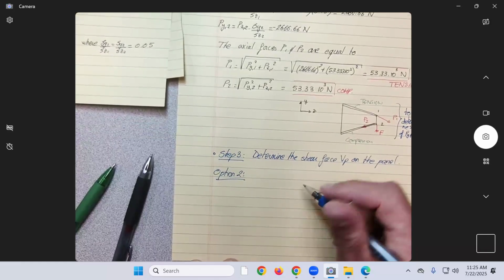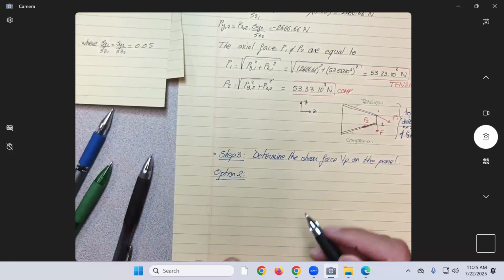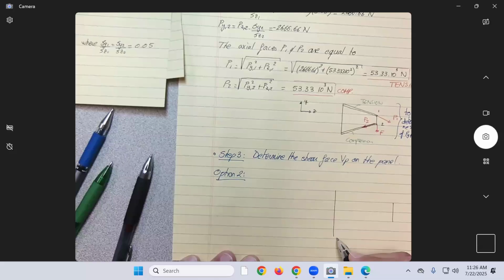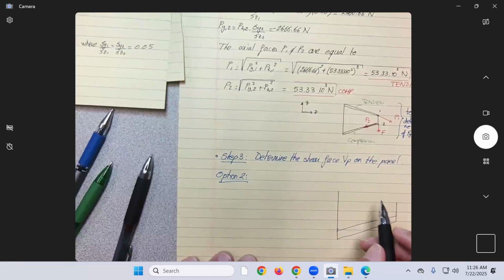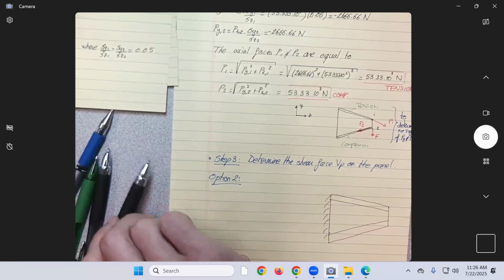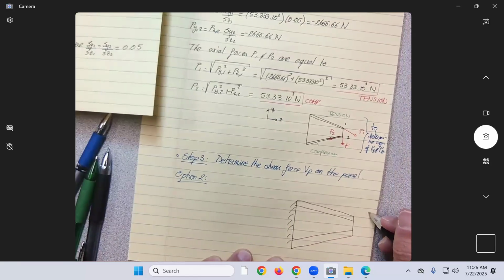So remember for option 2, I'm going to do the external in red. This is Vy equals 20 kilonewtons.